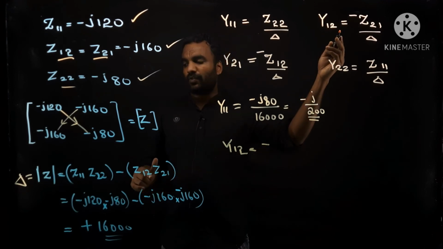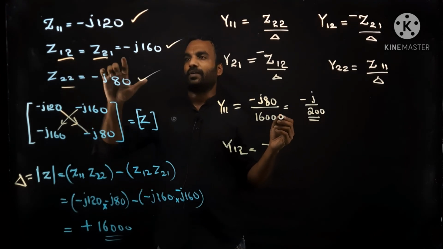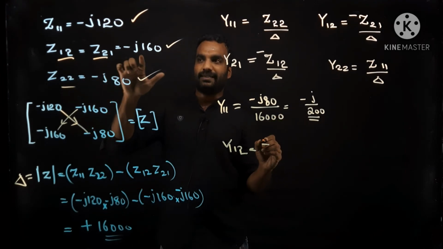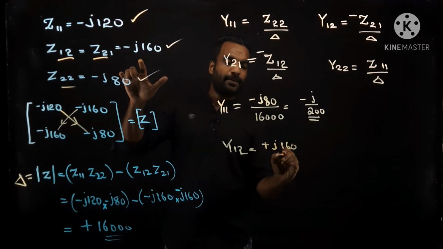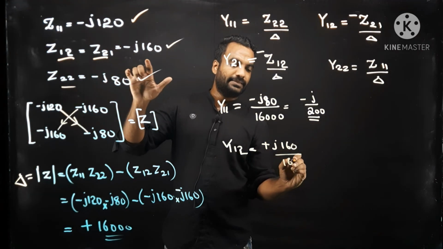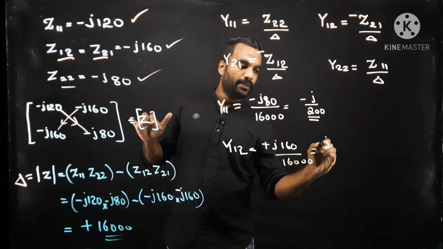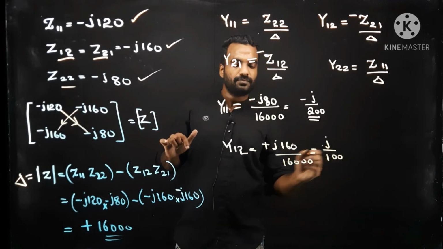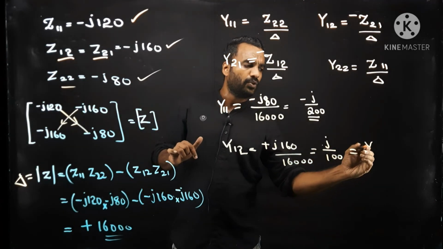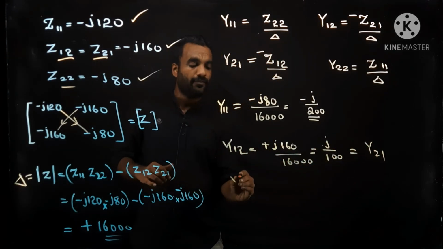What is minus Z21? Minus of minus J160, that is plus J160, divided by 16,000. Again it is J by 100. That will be Y12, which is equal to Y21, both are the same.